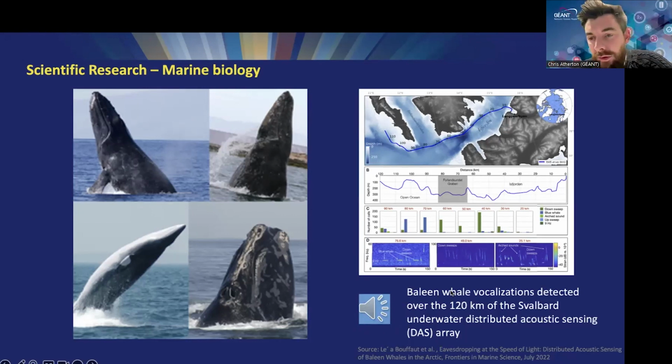So yeah, there's lots of different use cases for fiber sensing.